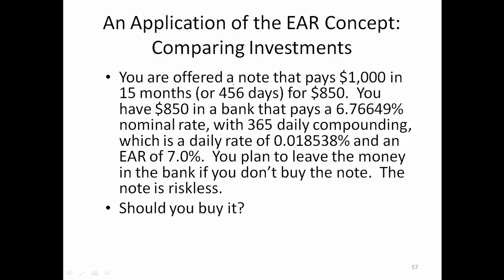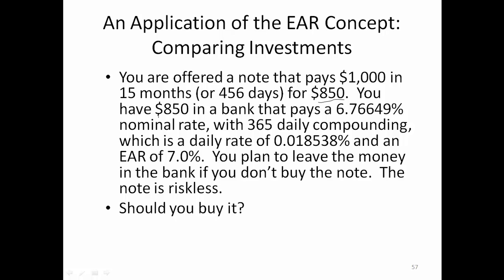In this example, you are offered a note that pays $1,000 in 15 months, or say for 56 days, for $850. So you will pay $850 now, and in 15 months or 56 days you will receive $1,000.